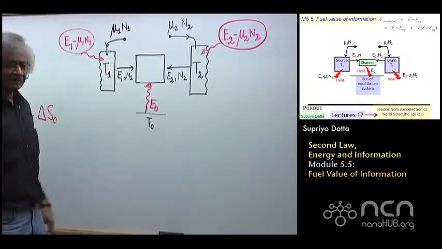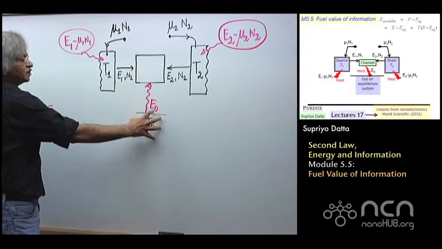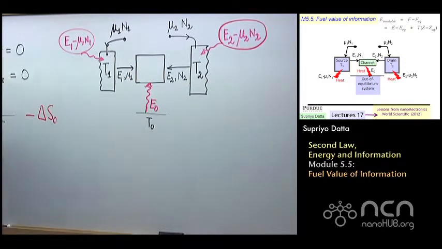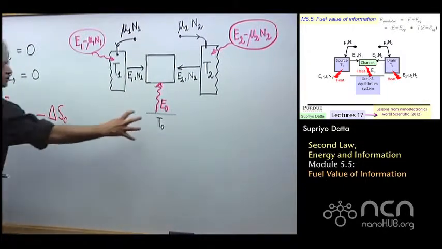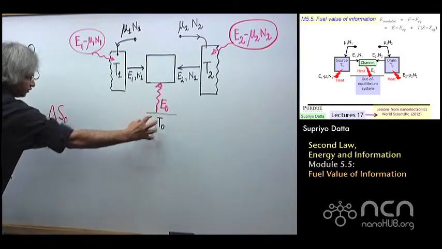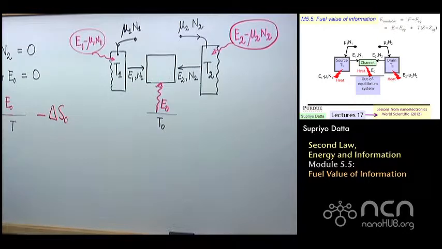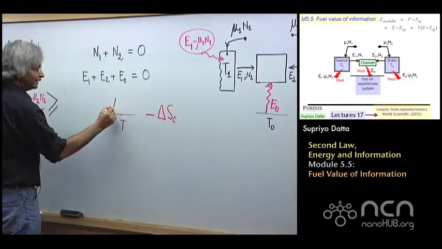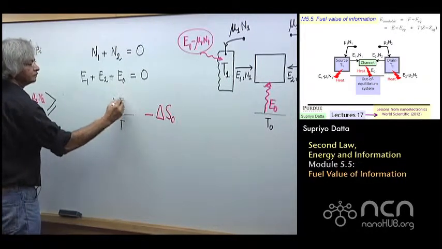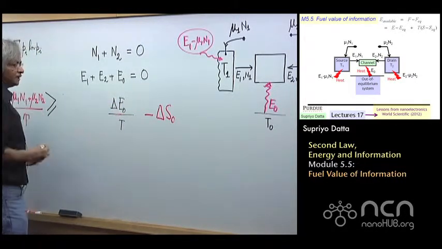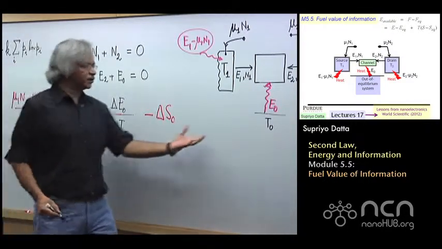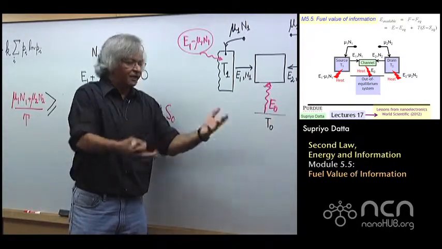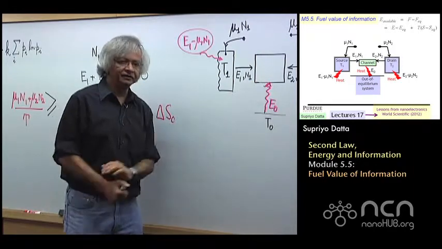So E0 is like the loss of energy from this reservoir. You see? So in that sense, minus E0 is actually like the change in the energy of that reservoir itself. So I could write this overall, instead of minus E0, as delta E0. Because delta E0 means the change in the energy of this reservoir, which is minus E0, because of the way we have defined the E0.